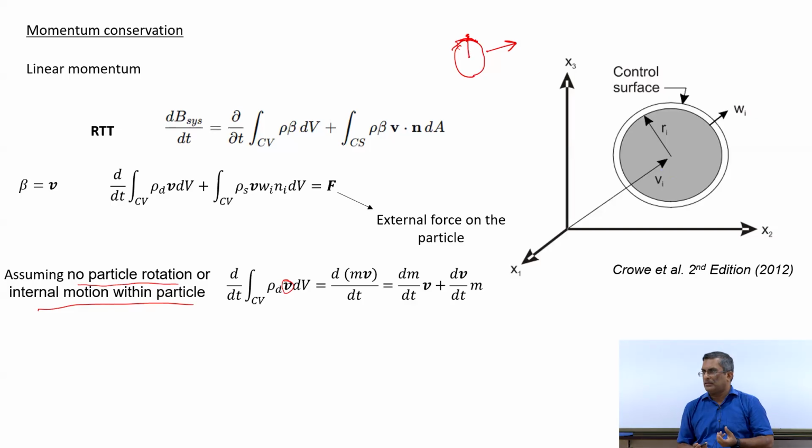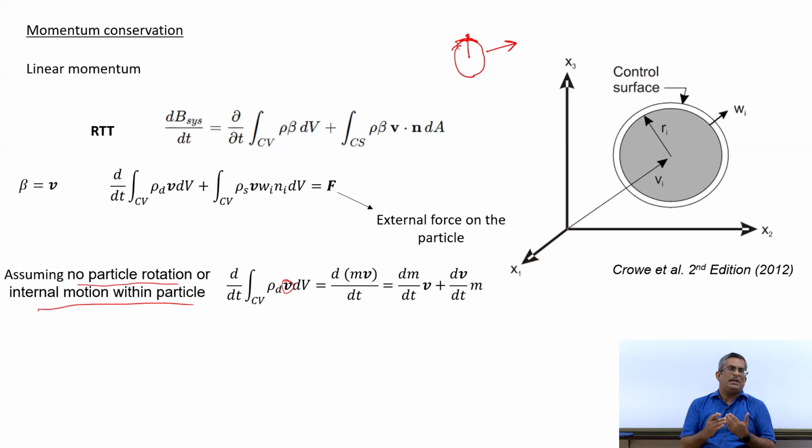The other way is, if for any reason the temperature of the surface is not uniform, then we can have surface tension driven internal motion.